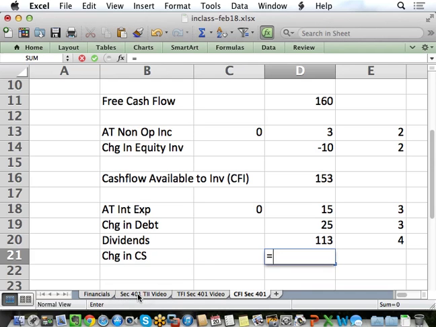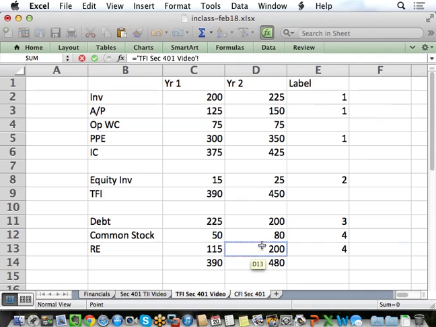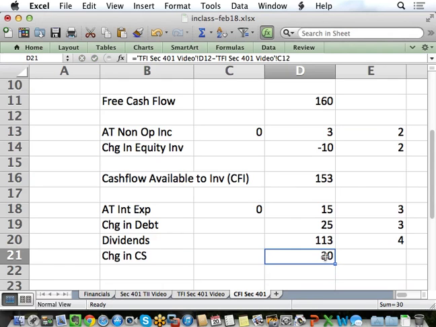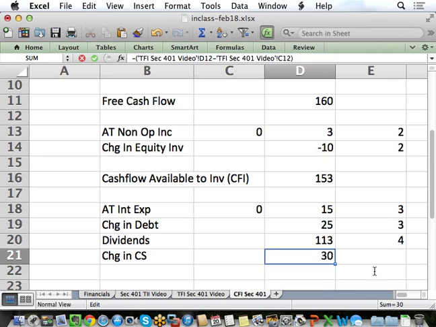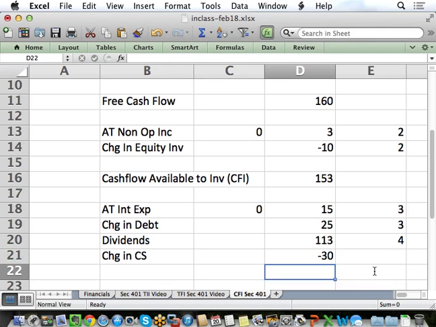Well, if I just did the pure change, common stock went from 50 to 80. The change would go up by 30. But should this be a positive or a negative number? It actually should be a negative number, because I'm taking cash from shareholders and I'm bringing it into my firm. So I would have actually had to flip the sign, and I'd have negative 30.